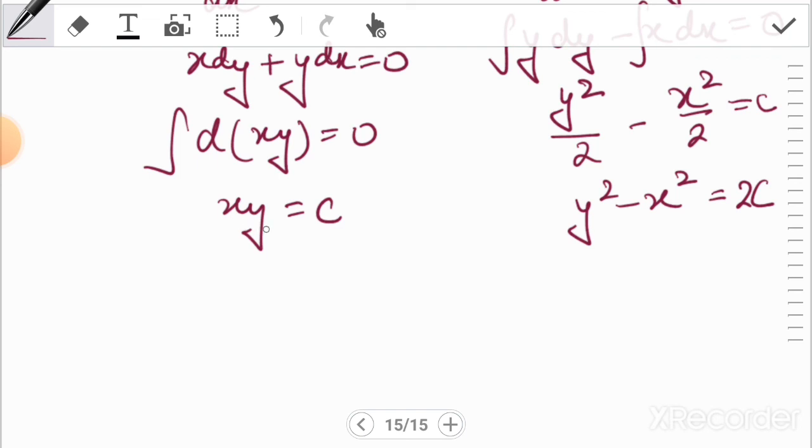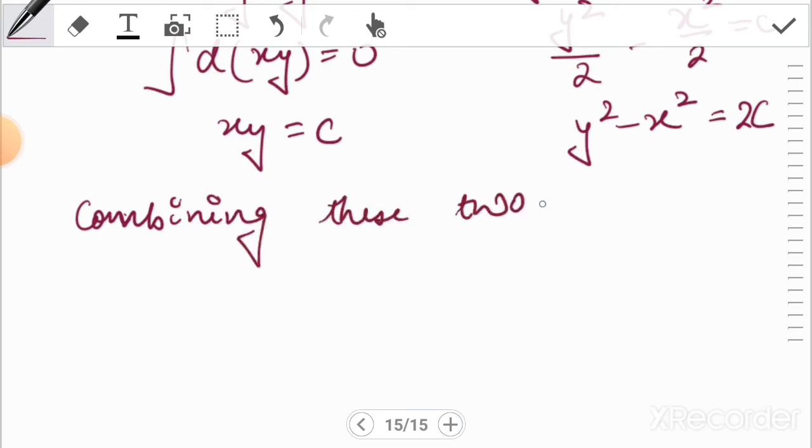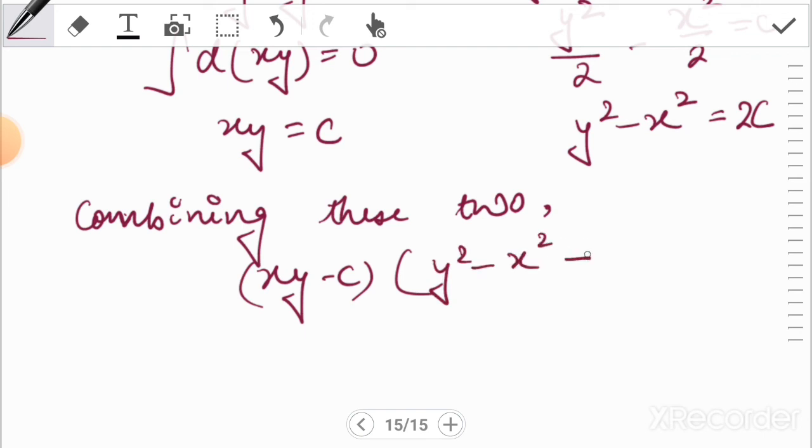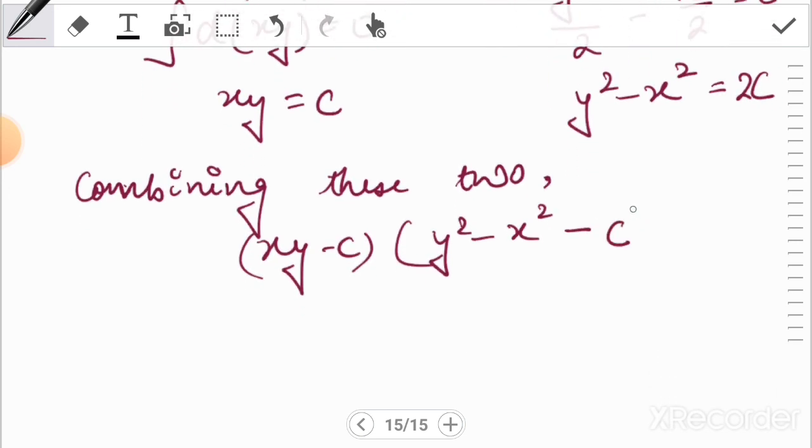So now xy is equal to C and y square minus x square is equal to 2C constitute the required solution, and combining these two into one, the required solution will be (xy minus C) into (y square minus x square minus C dash) is equal to 0.